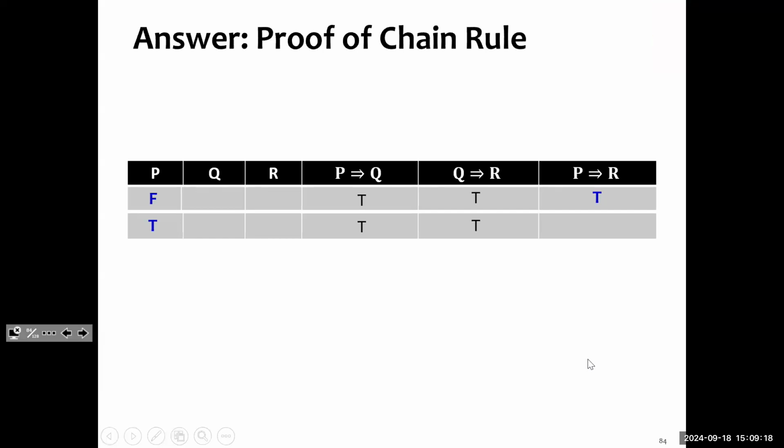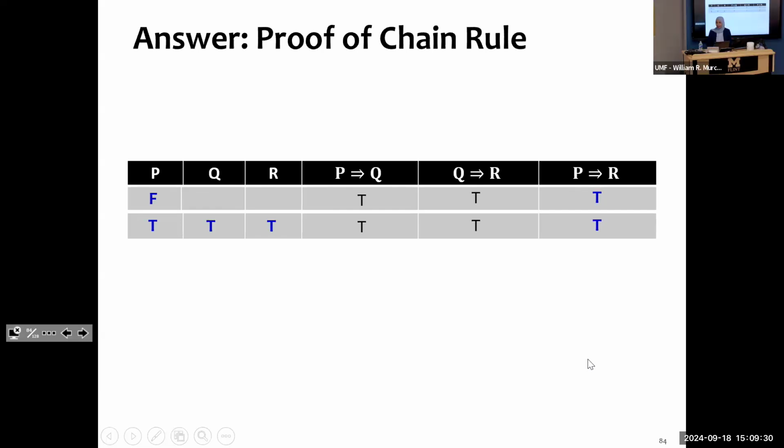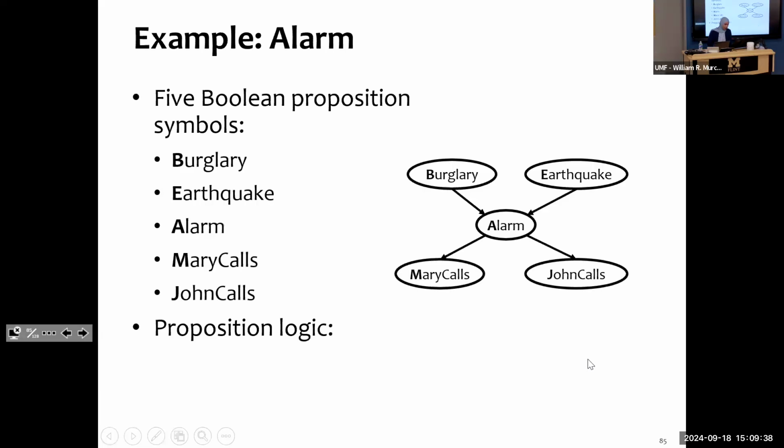So if my P is true, P implies Q is true, Q implies R is true, P implies R is true. It's very simple, but I just want you to do it yourself. Don't complicate things.